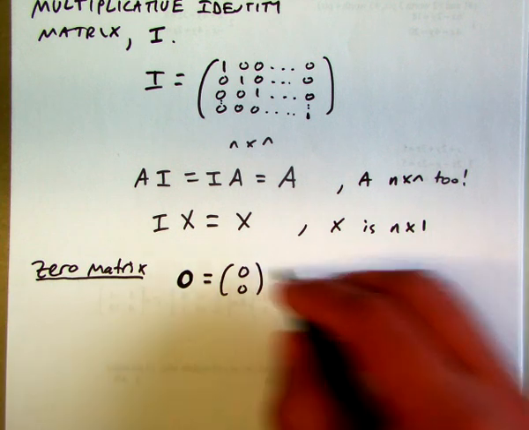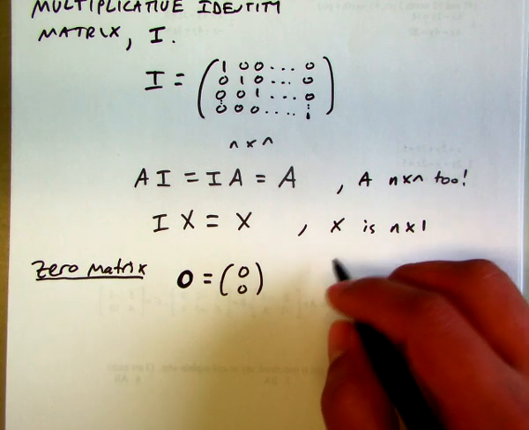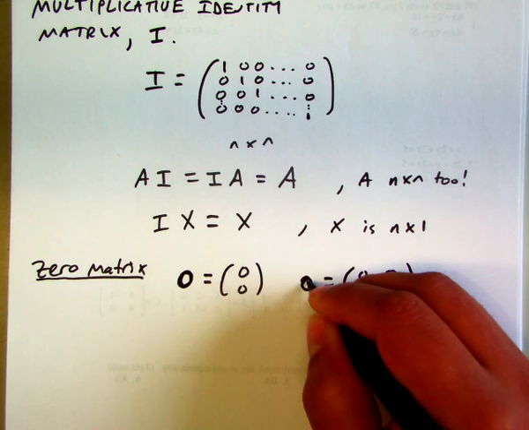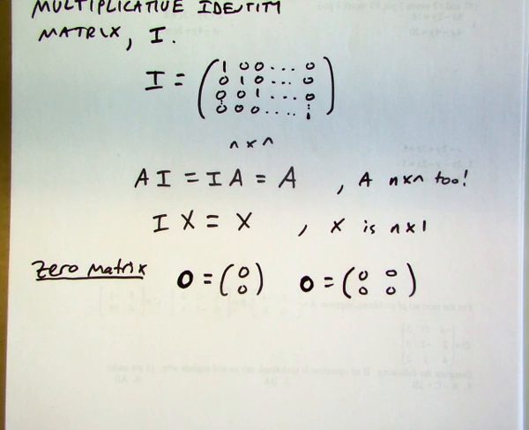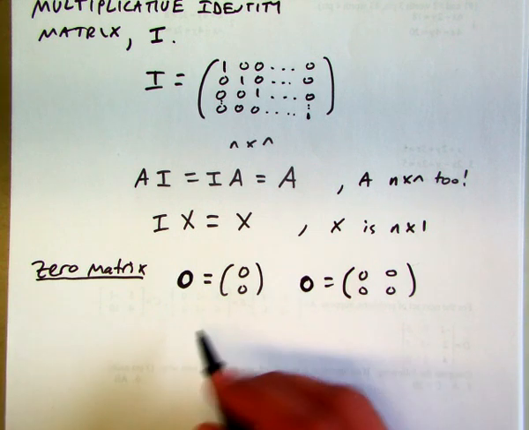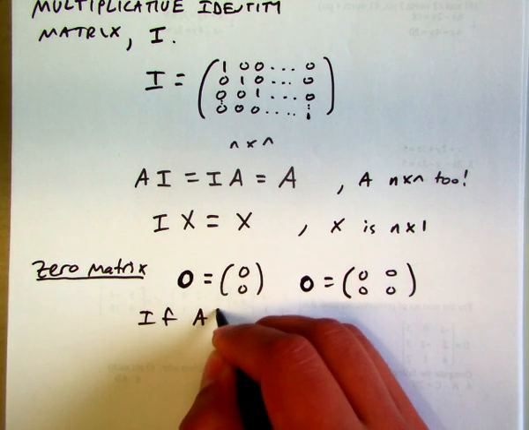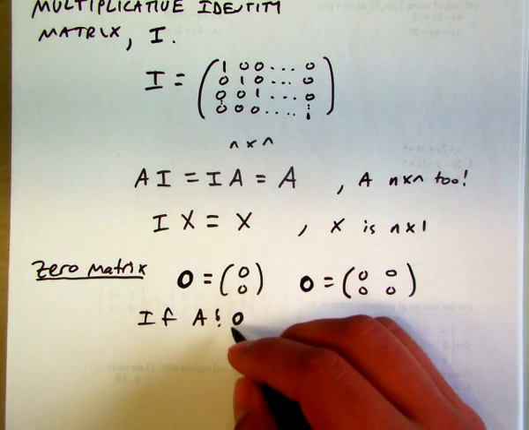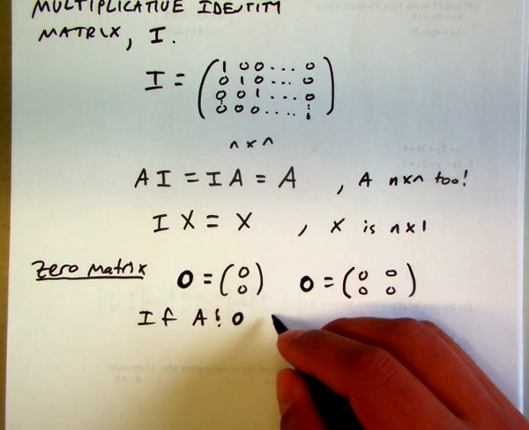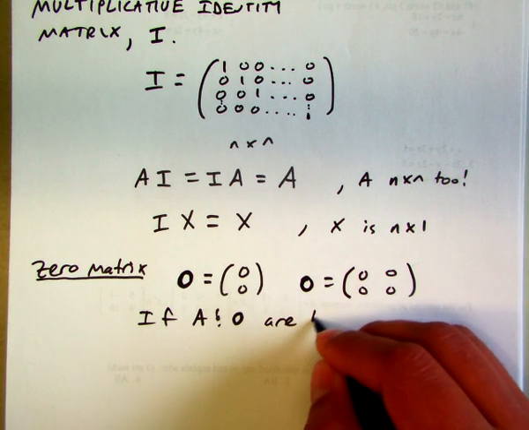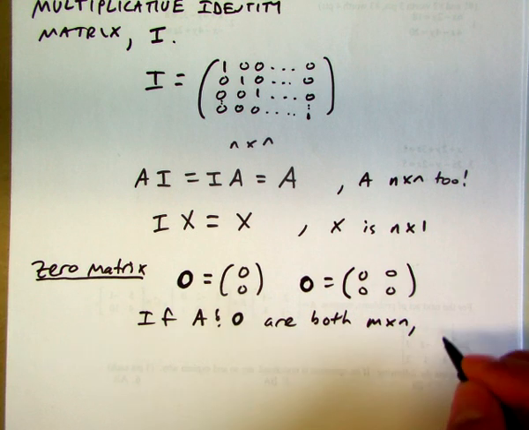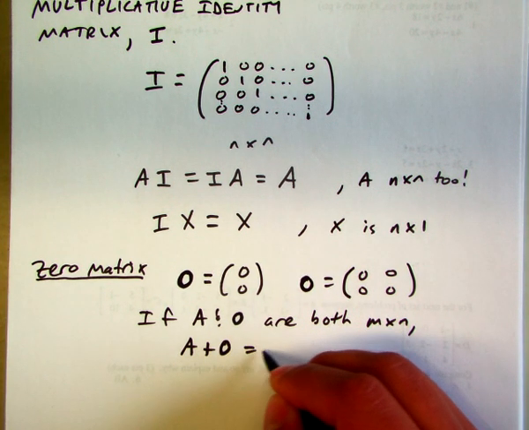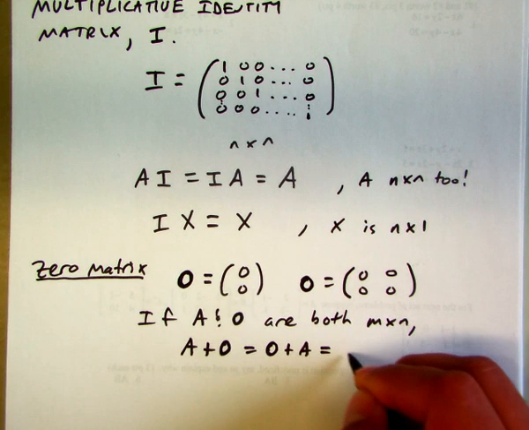And this goes for any size, which leads us to the property that if A and O, or 0, both of these matrices have the same dimensions, so let's say they're both m by n, then adding the 0 matrix with A and vice versa will also result in an identity.